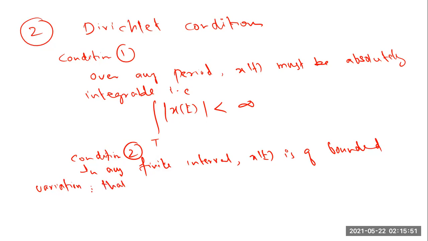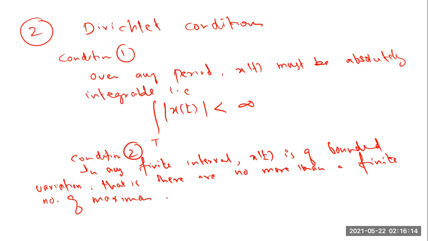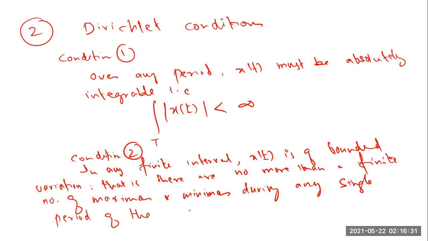Bounded variation means that there are no more than a finite number of maxima and minima during any single period of the signal. And I will come back to the explanation of these three conditions.